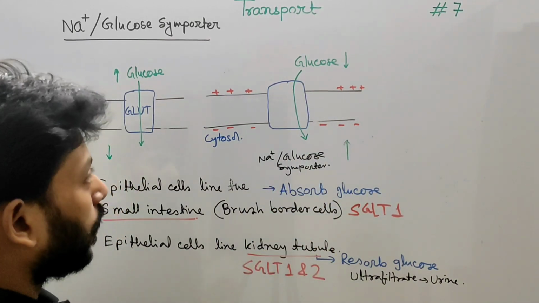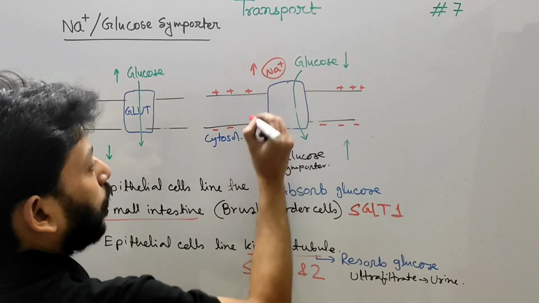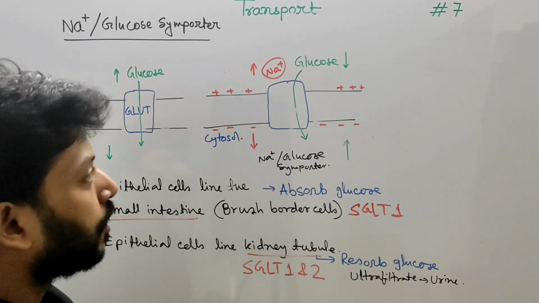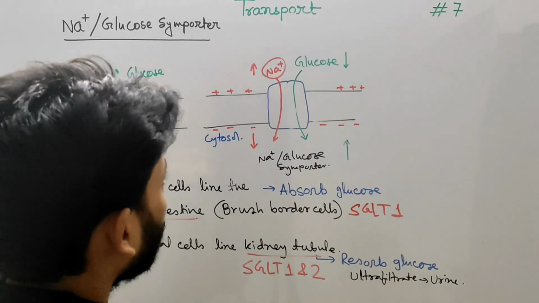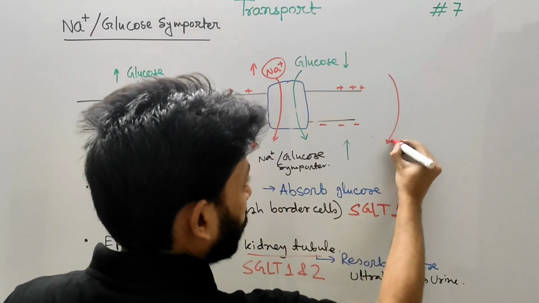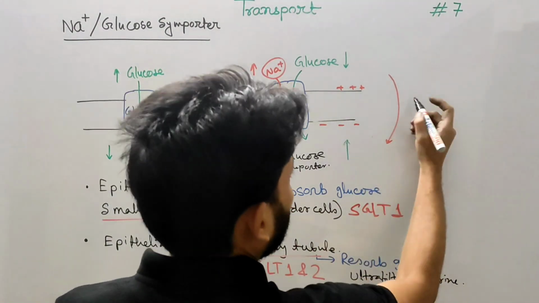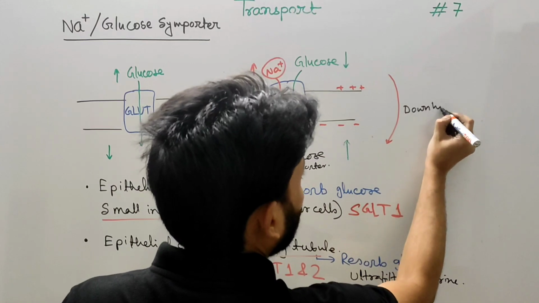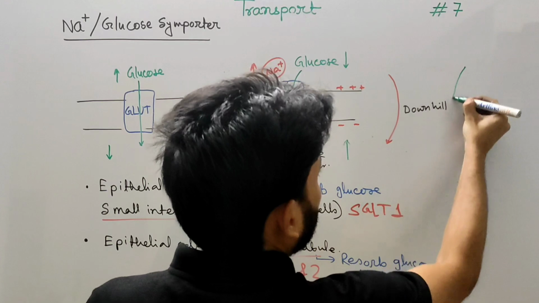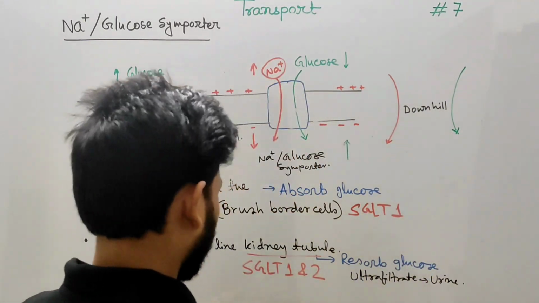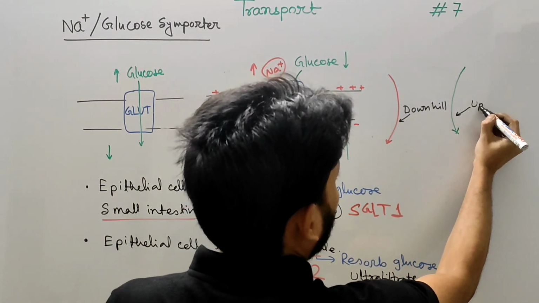Also, we know that sodium is present in higher concentration outside than inside, so it will move inside the cells. Now this red movement is a downhill movement, and this green movement of the glucose is an uphill movement.